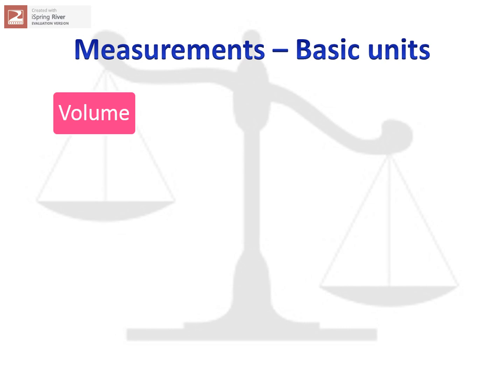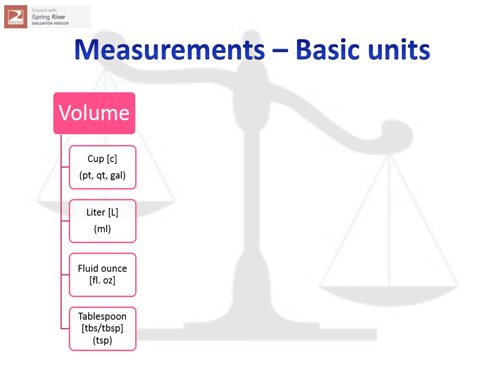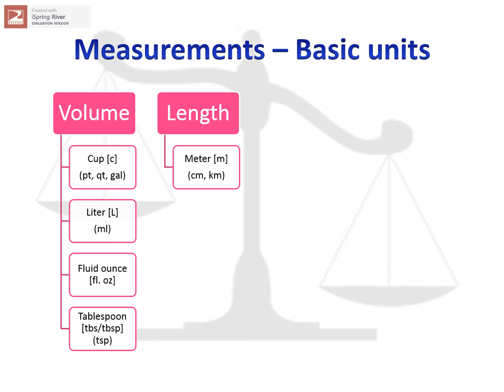Alright, the basic units of measurement are: for volume, cup, similarly pint, quart, gallon, liter, similarly milliliter, fluid ounce, and tablespoon, similarly teaspoon. Volume is for a liquid; length is to determine how long something is. You want to go for meters, centimeters, kilometers, foot, inches, yards.